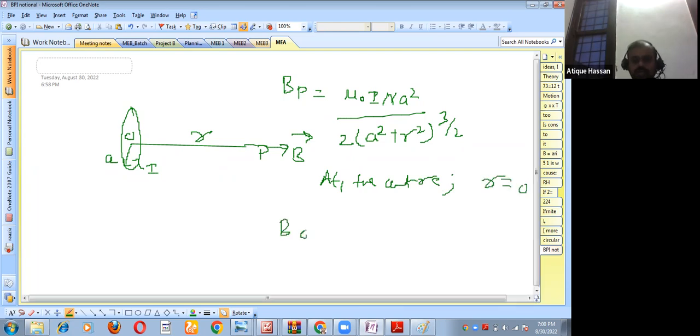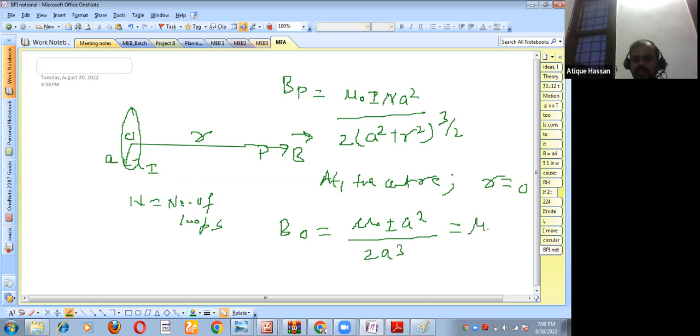So you will get B0 will be equal to mu naught n I A square by 2 A cube. N is number of loops. So for one ring, N will be 1. So we will get same formula mu naught I by 2A. Got it? So this is the magnetic field due to a circular ring on its axis. Understood this formula?